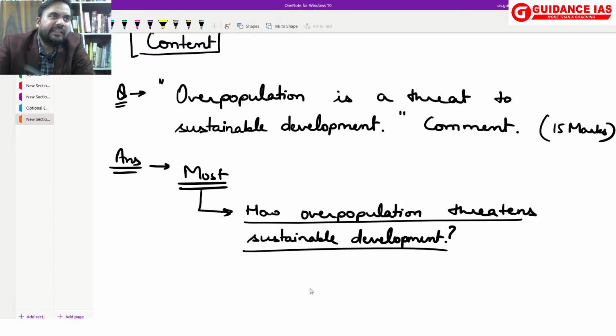They will be writing 80-90% of the answer on this. They will take lots of examples to prove how sustainable development is affected.